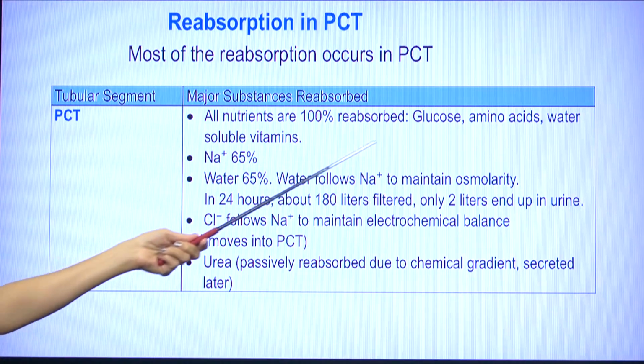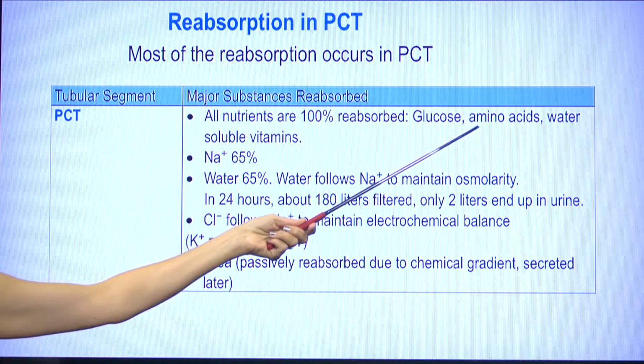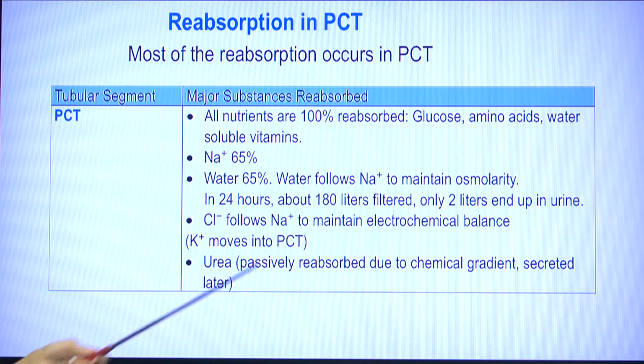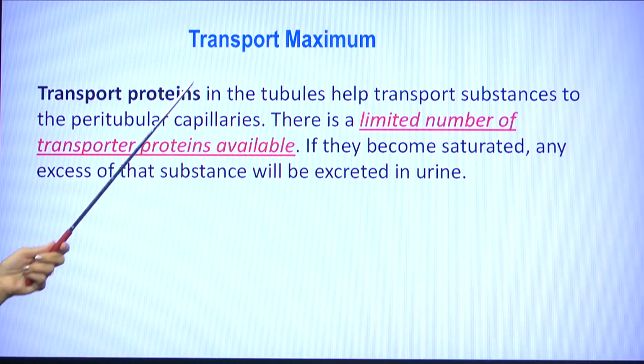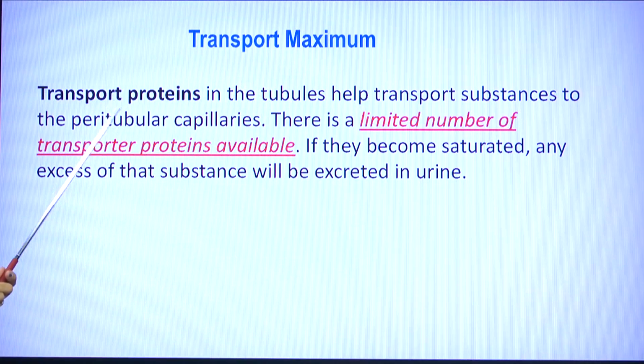Now, we said these substances will be reabsorbed 100%, but let's look at an important concept that we call the transport maximum. Certain substances need transporter proteins to pull them out of the proximal convoluted tubule back into the blood.